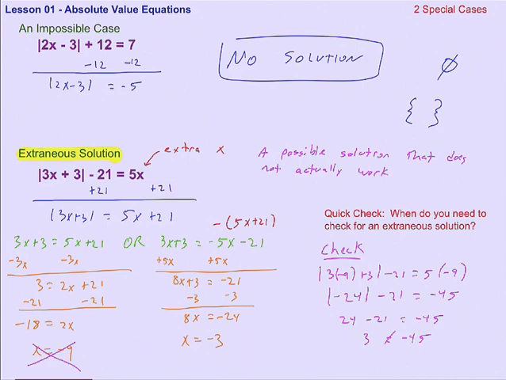On the other hand, if we do a quick check with the negative 3, the absolute value of 3 times negative 3 plus 3 minus 21 equals 5 times negative 3. The absolute value of negative 9 plus 3, so that's the absolute value of negative 6 minus 21 equals negative 15.